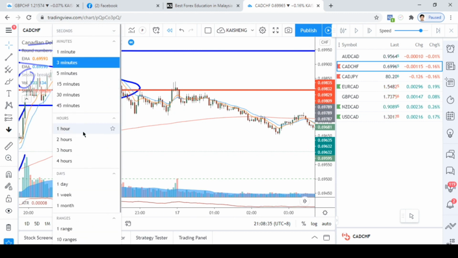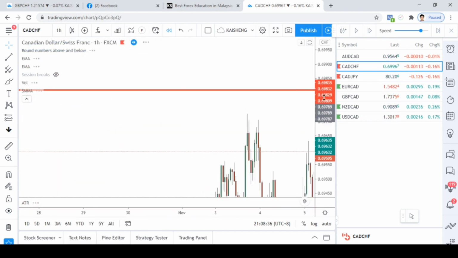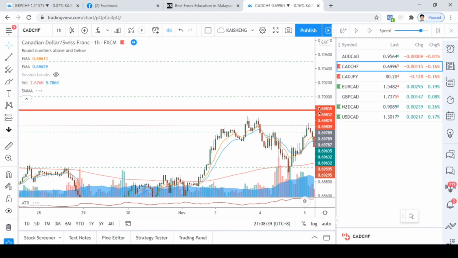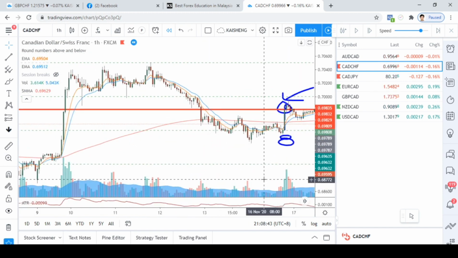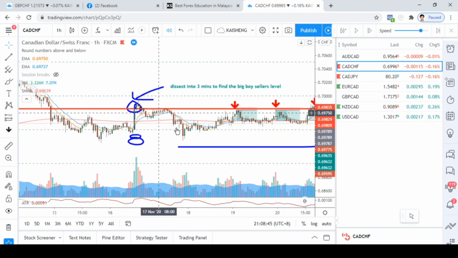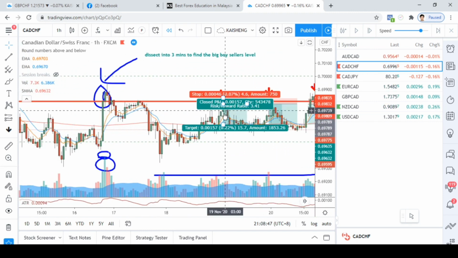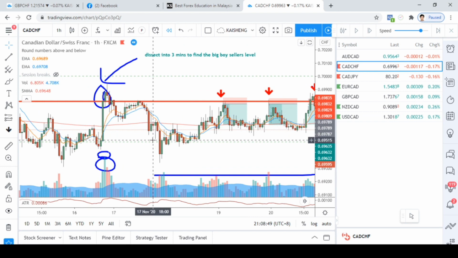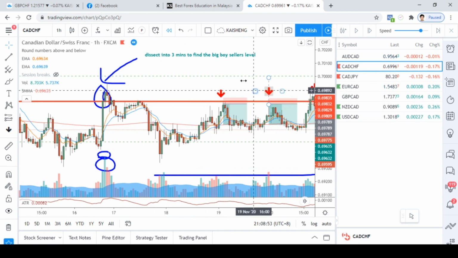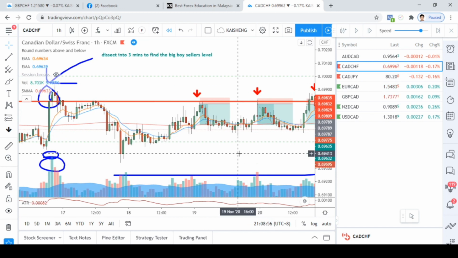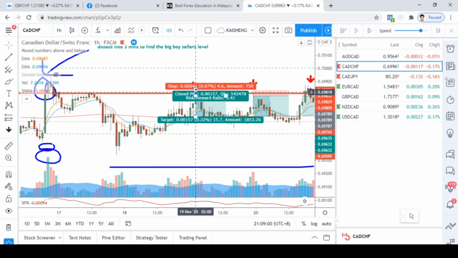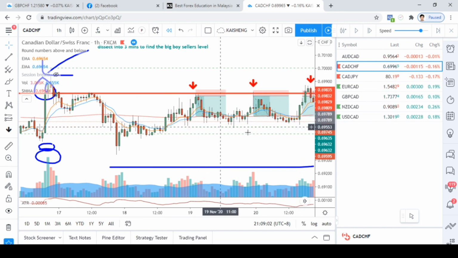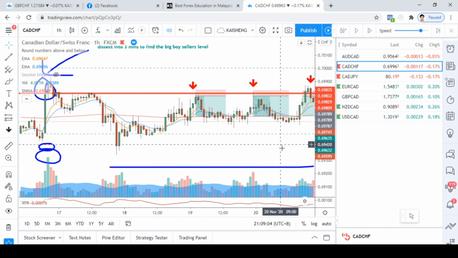Okay, so now back to 1 hour again. From this line, in the future when price goes back to this line, we had better watch out for any chance to do a sell over here. Every time price comes back, then drops down, goes back to this level, drops down.